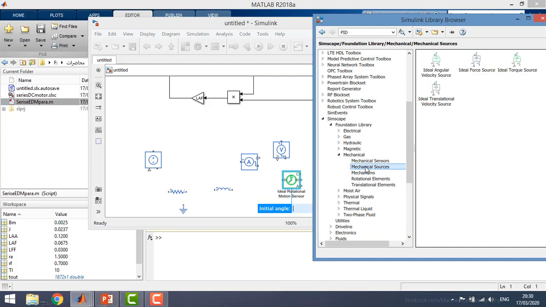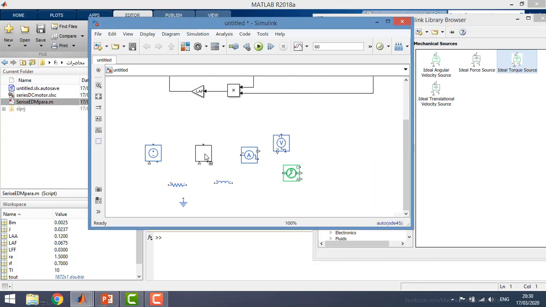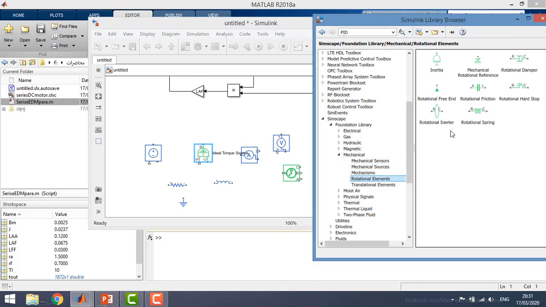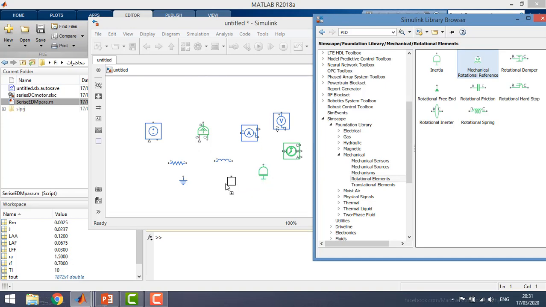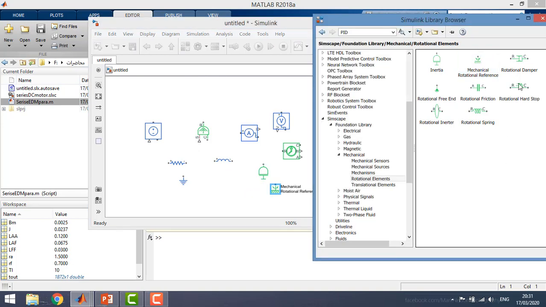From sources we have to have ideal torque source. Okay. From elements we have to have an inertia, mechanical rotational reference, plus rotational damper.